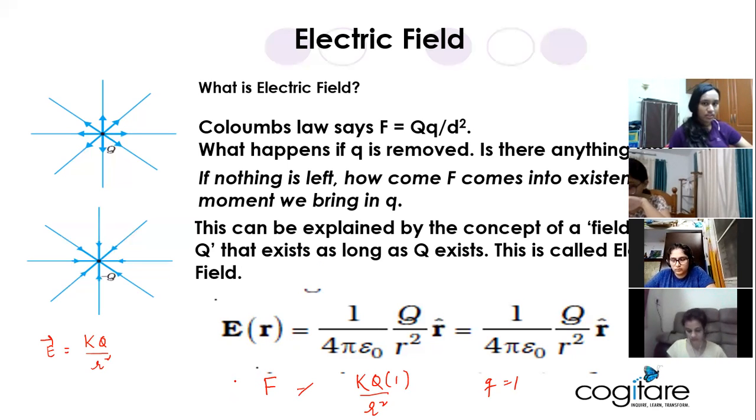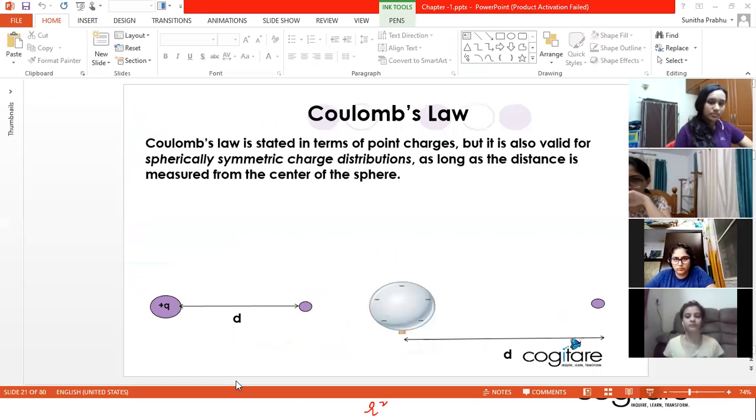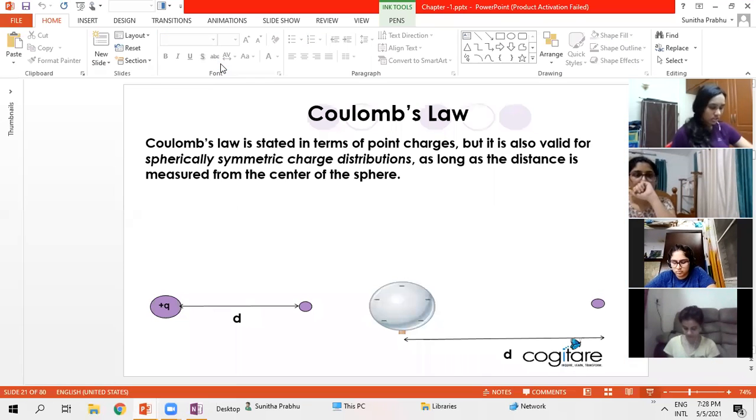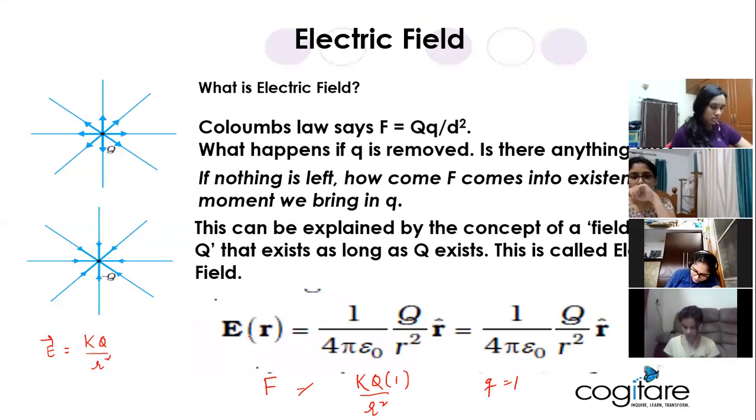Okay, now a couple of questions. Do you think electric field is a vector? Yes, sir. Okay, electric field, yes, it is a vector. That is why if you look at these expressions, we say E at a distance R. This R means it is going to be dependent on the distance from the charge.